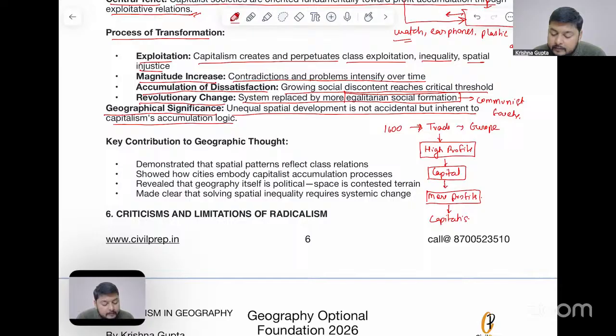For a thirst of more profit, the system which started to develop was capitalism, that is, investment in distant lands. And this capitalism went on to an extreme form in the form of imperialism. First, it was colonization, and with this colonization there was prevalence of imperialism.